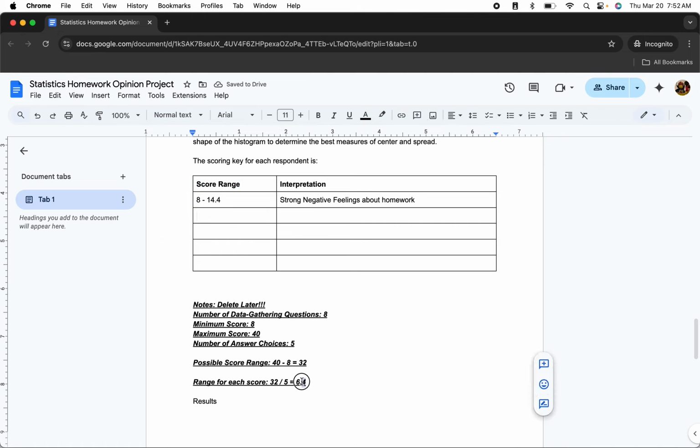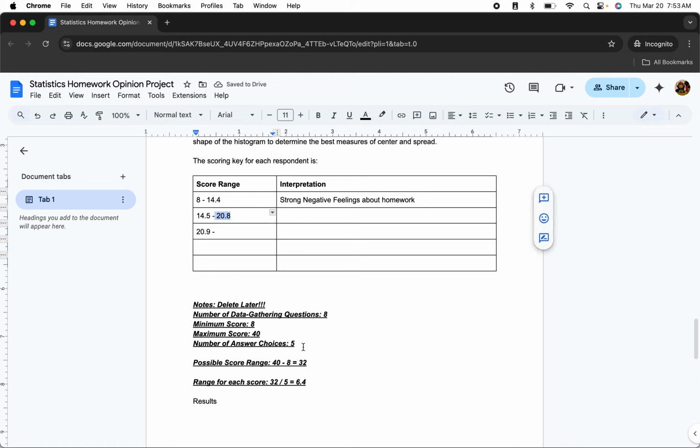Okay, so when adding 6.4, we always add to the upper end of the range. If you get a score of 14.4, which you're probably not going to get, but that's okay, since I'm using whole number values, the next range would just start 0.1 above that, 14.5. The top of that range comes from taking the 14.4 plus 6.4, which gets me 20.8. And we'll just keep going up from there. 20.9 is slightly above 20.8.